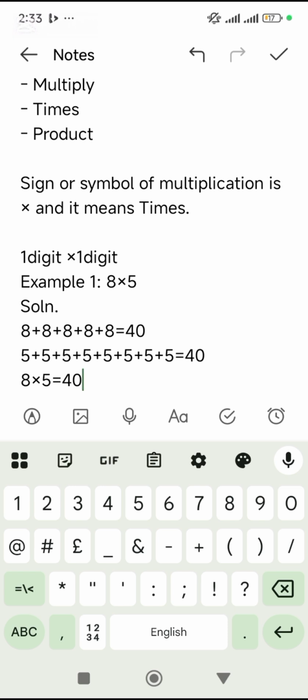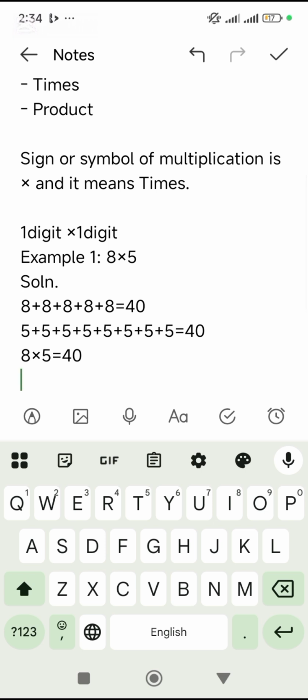So this is basic. This is how you multiply one digit times one digit. If you now move on to 2 digits times 1 digit, we start using the other approach and it changes a little bit. Look at this.